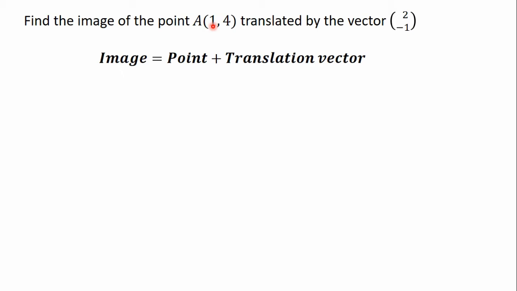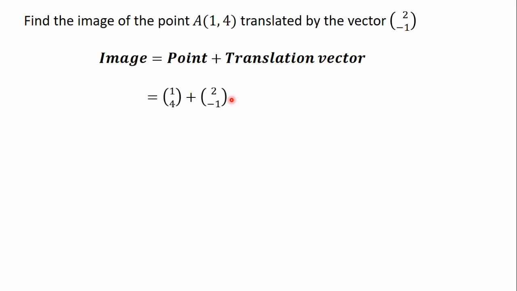The x-coordinate of the point will be the x component and the y-coordinate of the point will be the y component. So the image will be equal to 1, 4 plus the translation vector, which is 2, minus 1.